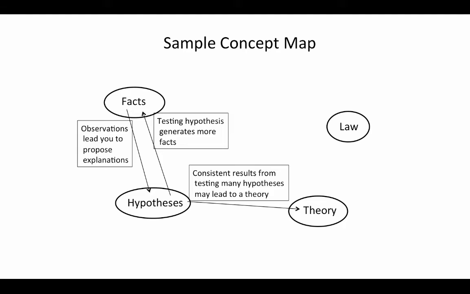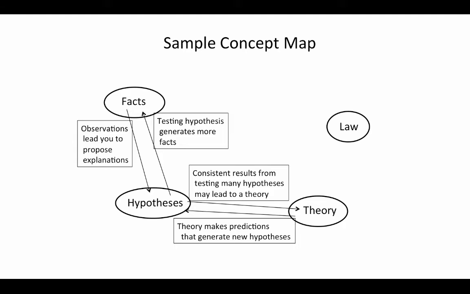Theories, in order to be theories, must have predictive power. That theory is going to allow you to generate more hypotheses, in the form of predictions of the outcomes of experiments that will either support or fail to support the theory. If they fail to support the theory, it needs to be revised.